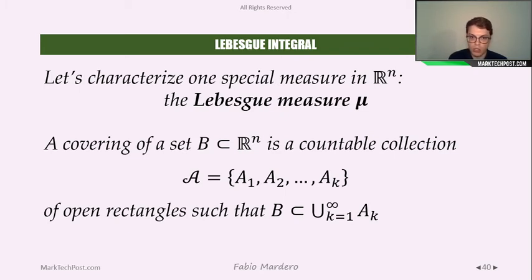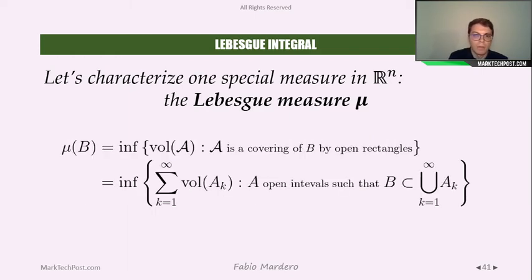We take small squares and we try to cover the disk with a lot of squares, such that the disk will be inside the union of our collection of squares. We can use as many squares as we want.